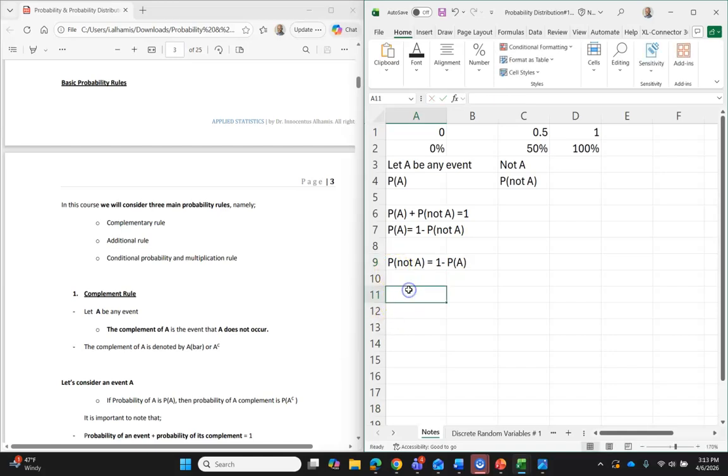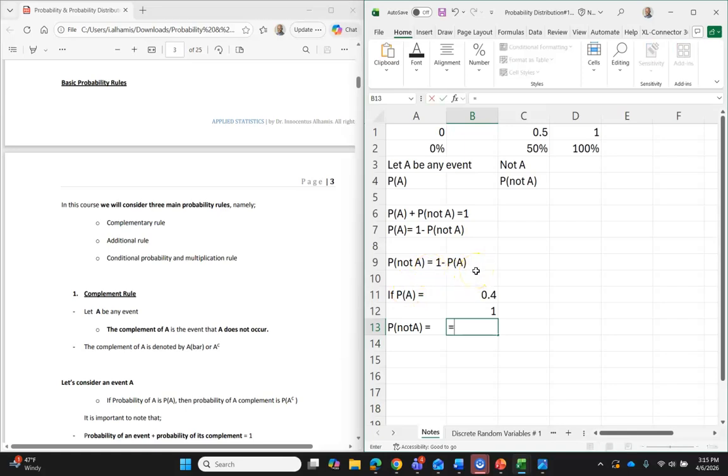So let's say, for instance, probability of event A is, and I'm going to skip and go to this cell here. Since we know that probability of event A is 0.4, we'll take 1 minus 0.4.